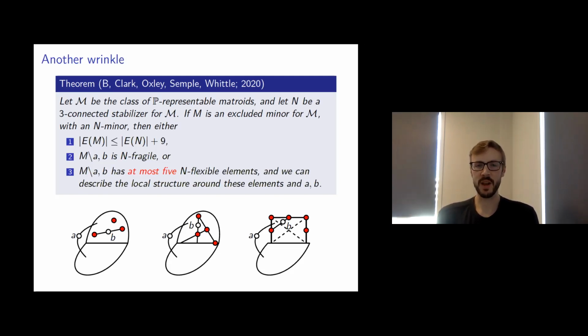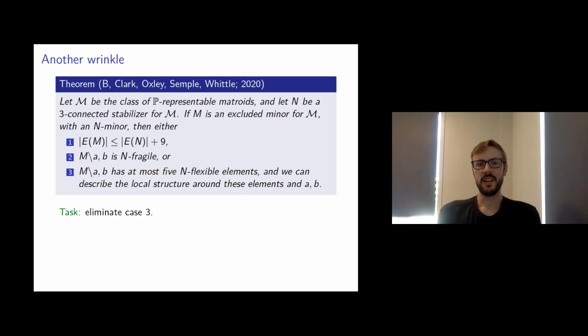So we know a little bit about the local structure around the flexible elements in the case that the M delete AB is not fragile. Okay, so ideally we'd like to completely eliminate this third case, and we can do this, but it relies on the fragile class that you're looking at. So it relies on a certain property of the fragile matroids that you're interested in. And I'll come back to that in a little bit.